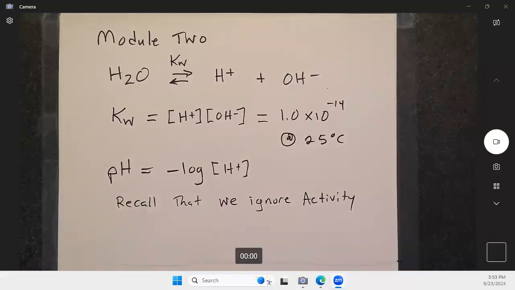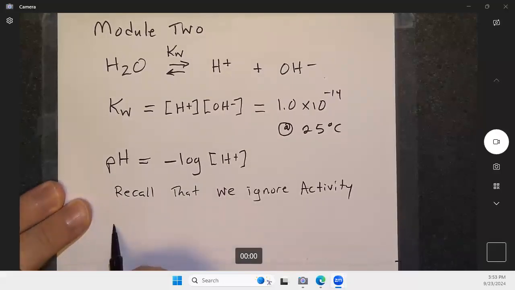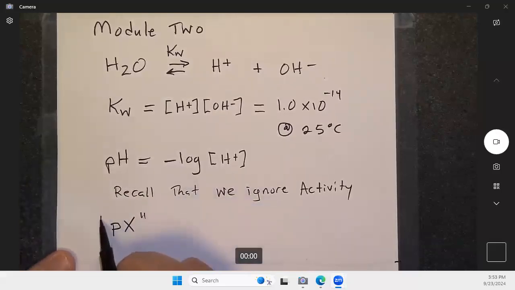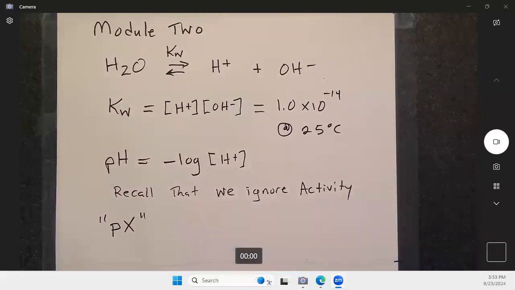Now, pH is equal to the negative log of the hydrogen ion concentration. Hidden in there is a notation that you'll actually use a lot in chemistry. Typically we'll say we have Px, whatever x is, some unknown. Generally, if we say something like Px, we know that Px is equal to the negative log of x.